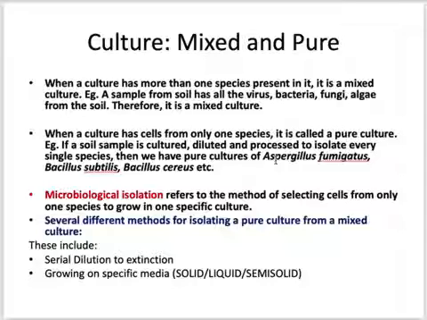So what does isolation actually mean? I think in this lecture I've said several times that you want to isolate bacteria from soil. So what does microbiological isolation mean? Microbiological isolation refers to the method of selecting cells from only one species to grow in one specific culture.